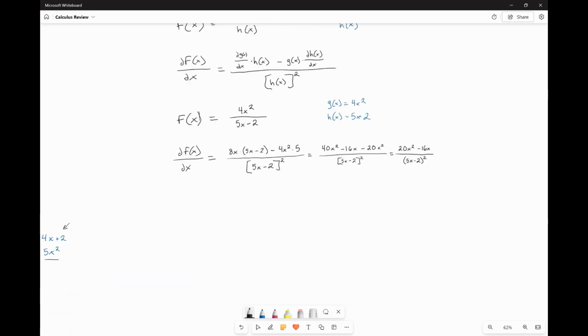All right. Next rule, kind of just going through a bunch of rules here. Next rule is the chain rule. The chain rule is a very powerful rule. It gets used all the time. So let's talk about the chain rule.